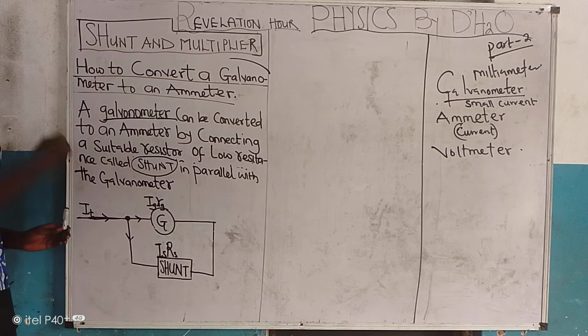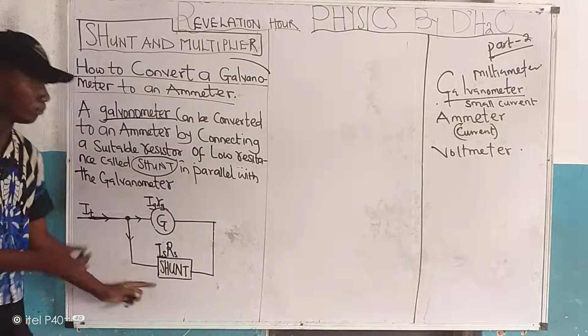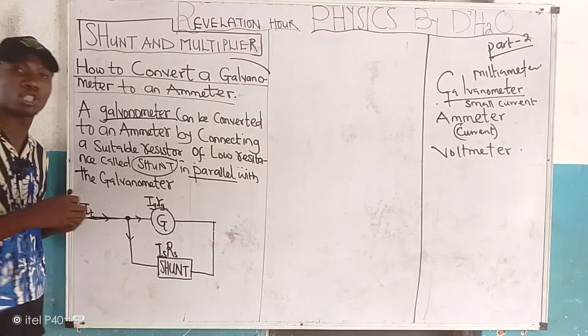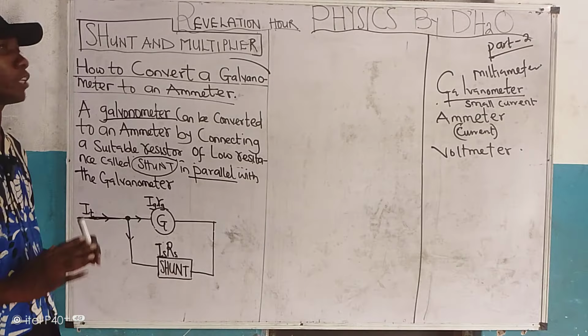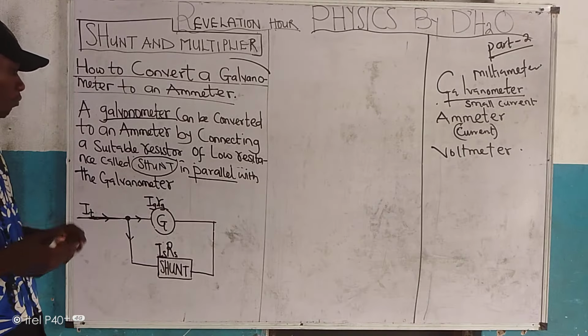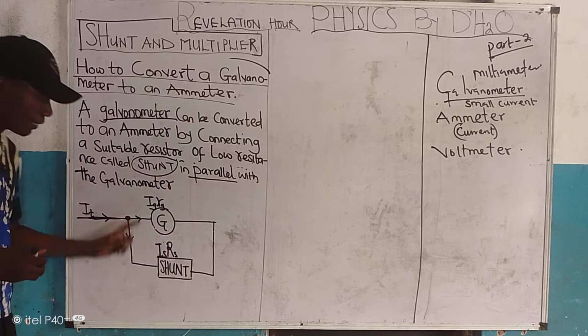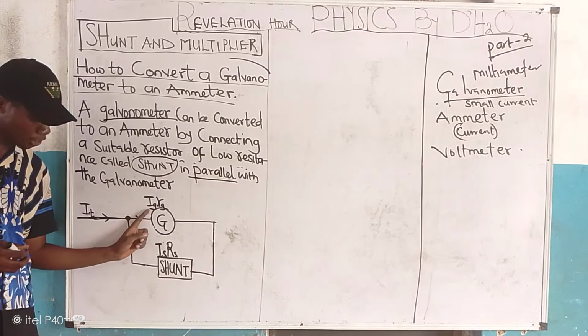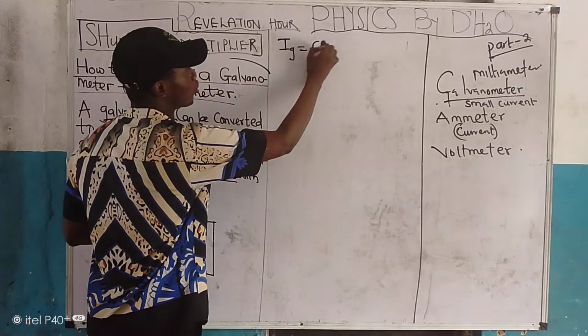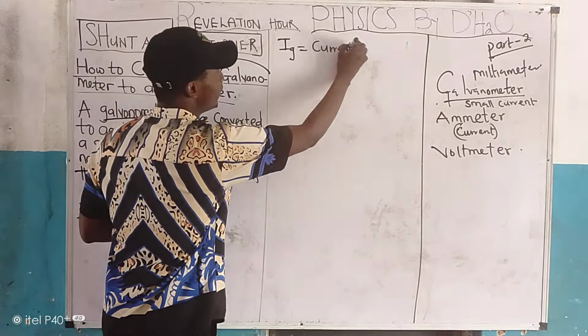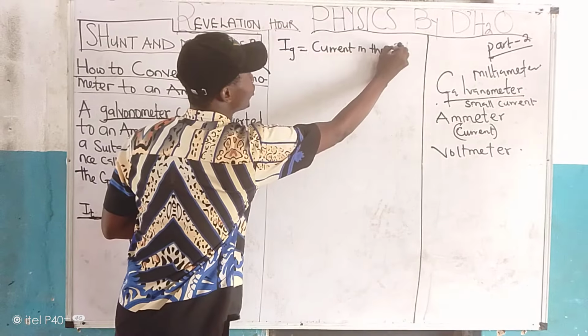Please take note: your galvanometer can be converted to an ammeter by connecting a shunt in parallel. It must be a parallel connection. And for a parallel connection, don't forget that the current is not the same. We have Ig here. Ig signifies the current in the galvanometer.